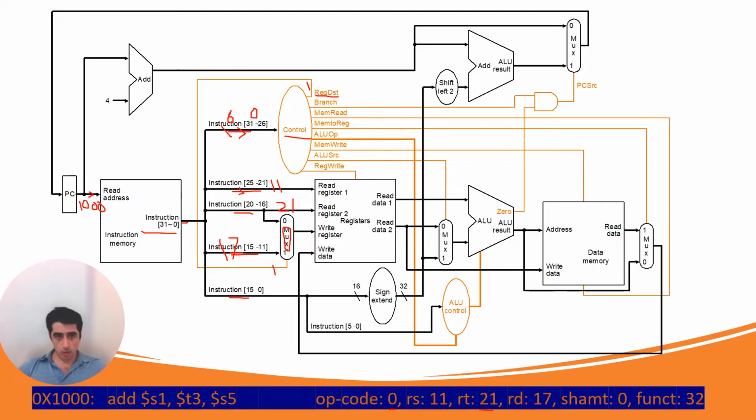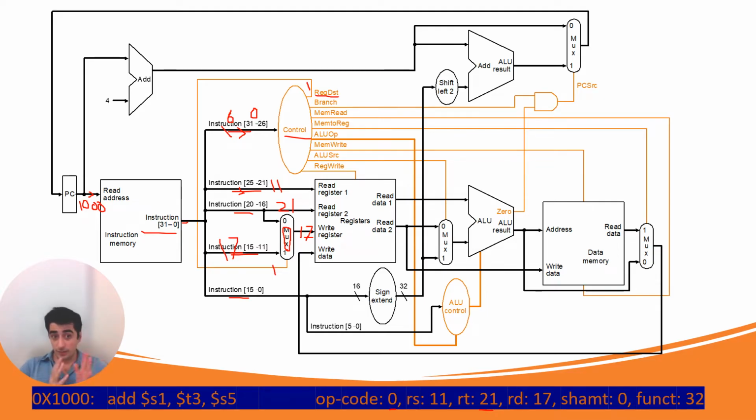So this is going to be 1, and because it's 1, we're going to pick the RD, which was 17, as the write register. So RD, or 17, comes here. This register specifies the register that's going to be written with the result of adding T3 and S5, right?